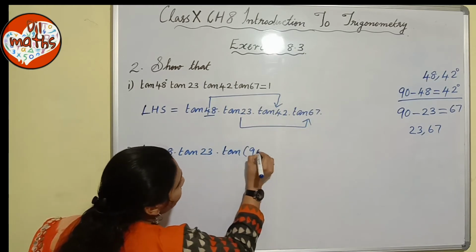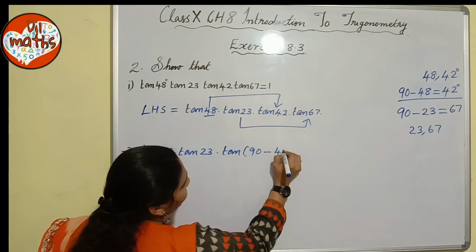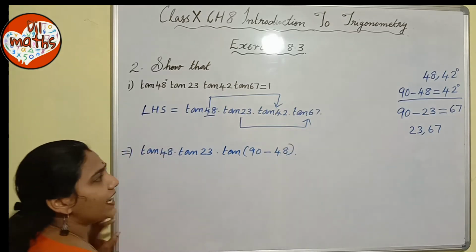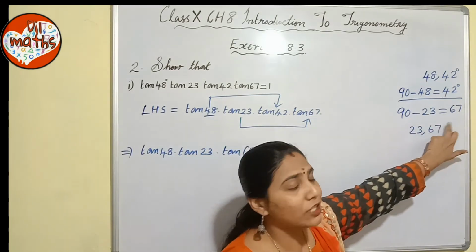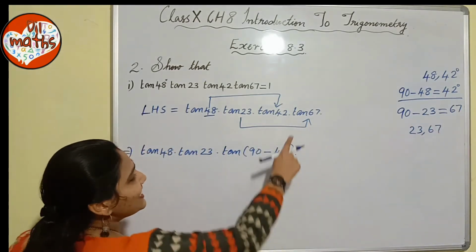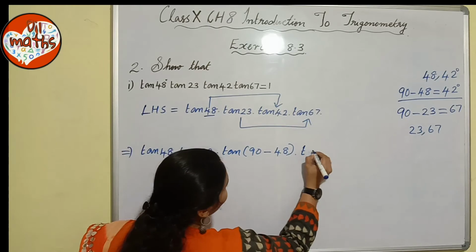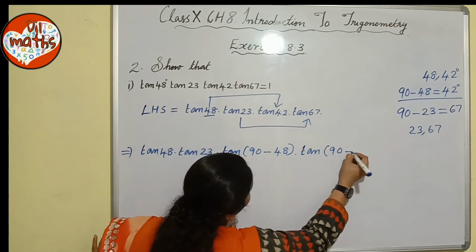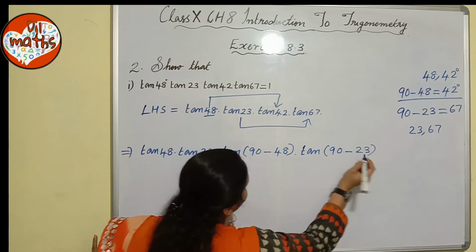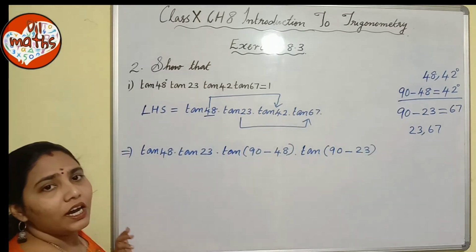So tan 90 minus 48. And instead of 67, what I can write? 90 minus 23 is equal to 67. So instead of 67, I can write tan 90 minus 23. So I have changed these two angles.